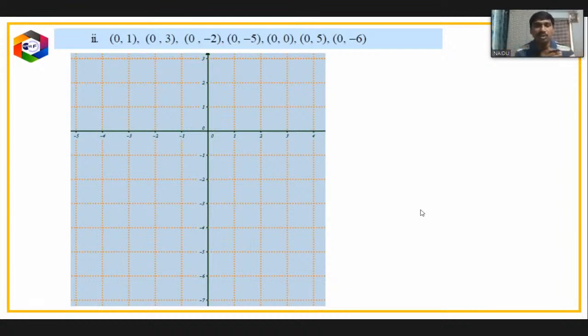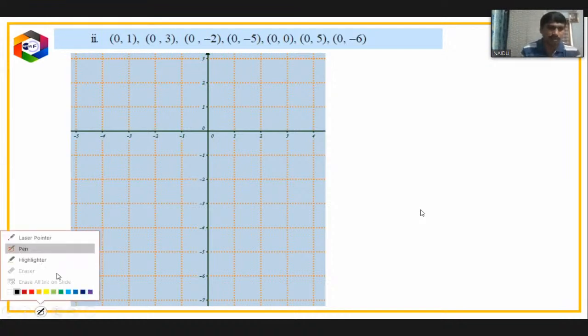So there is no need of movement. That means x value is 0, and we have to move along the y direction, either upside or downside. It means that each and every point lies on the y axis. That is what we must remember. Then I think it becomes easy for you each and every one.